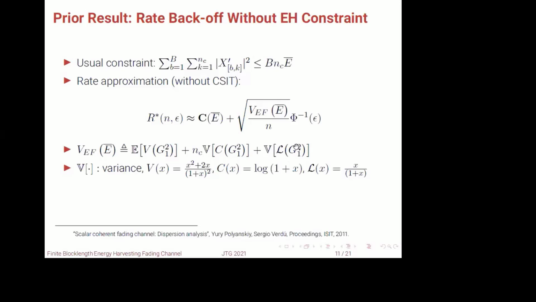Similarly, there is a third term, which is also an artifact of the random gains, and it also has some bearing on the power constraint that we fix. Basically, this function L that you see here is related to the Lagrange multiplier that you get while solving for the optimal power allocation scheme.